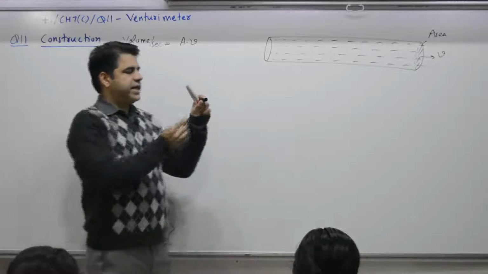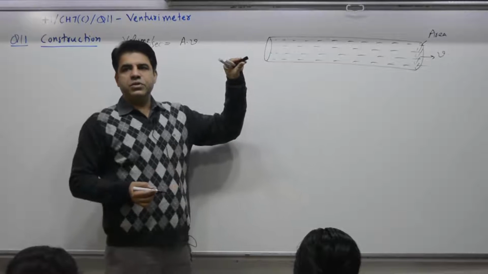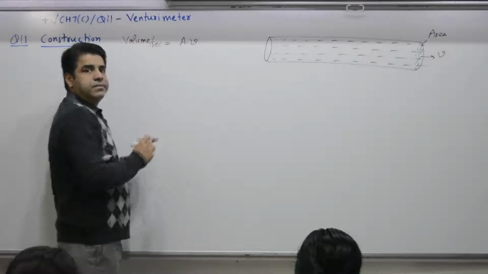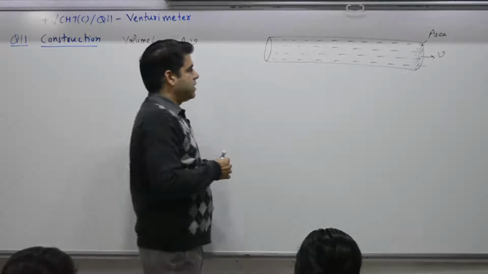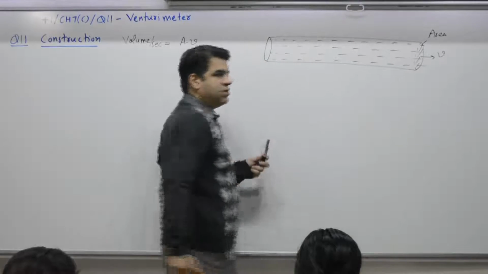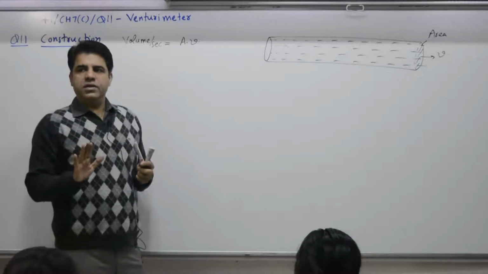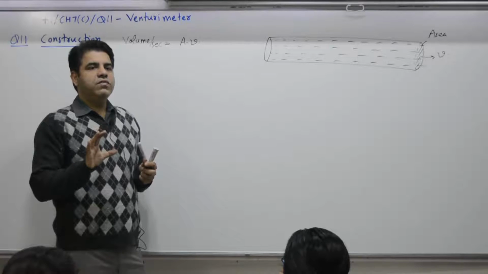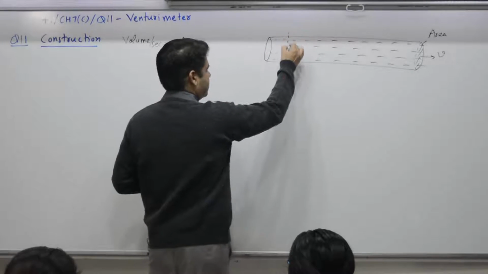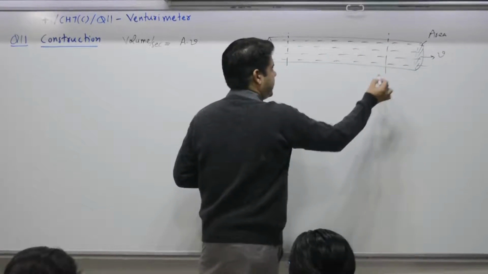For a given pipe, A is fixed. That means what? The only part left is what? Speed. First part, if you have this arrangement, first you will have to cut it from the two sides. You will have to stop flow of liquid, that is fitment of venturimeter. So you will have to cut this pipe from the two sides and fit in your device.